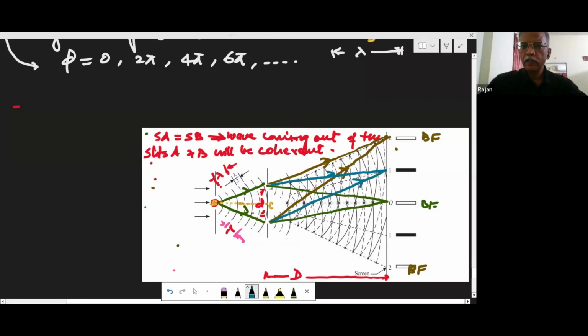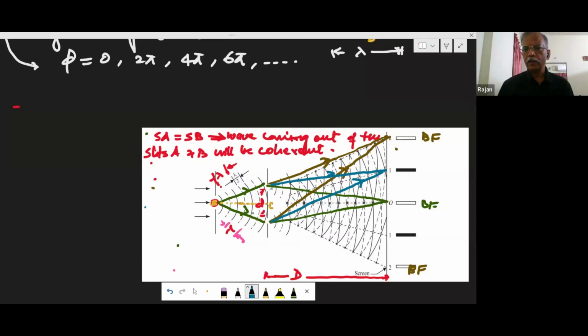There is a path length difference, correct? See the distance, the lower one is traveling more than the upper one. So there will be a path length difference, X, which has to be given in terms of the wavelength, whether it is 1 wavelength, 2 wavelength, or half wavelength, or 3 half wavelength, or 5 half wavelength, like this. Is it clear?